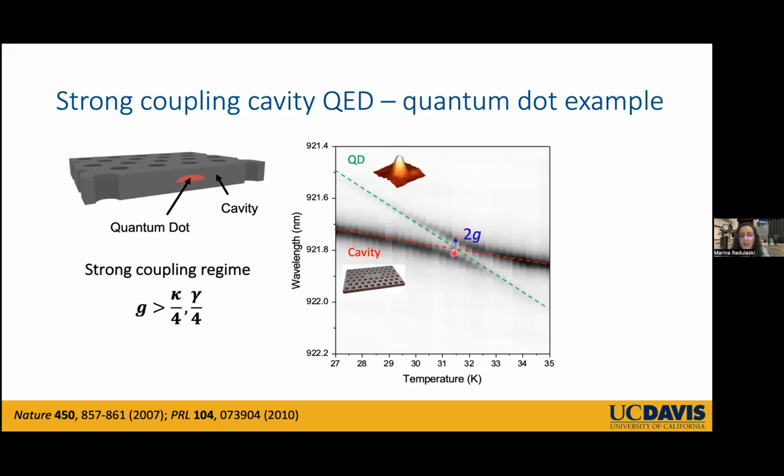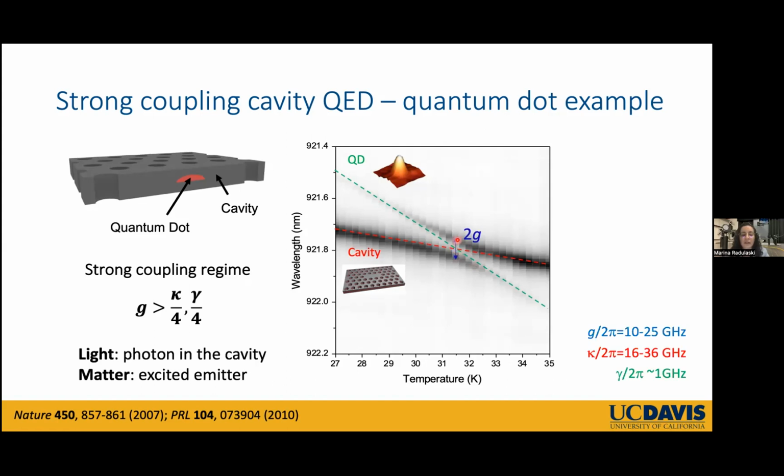But because of their anti-crossing and the resonance, when they have the same energy, the energy levels split by 2g. So here the interaction rate defines how much hybridization of the wave function we're going to see. And so the wave function becomes the so-called polariton, which is a superposition of light and matter.